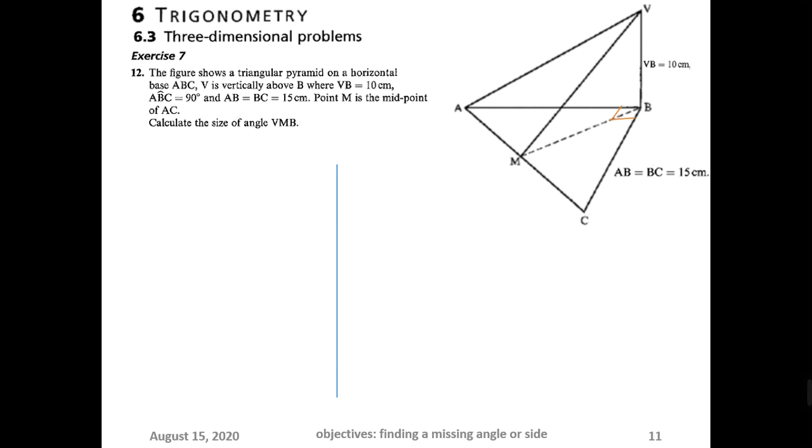Now, the line that's coming from the apex B down to the base AC is perpendicular to base AC, and it bisects AC into two equal parts, meaning AM is exactly equal to MC. What they want from us in this question is finding angle VMB.